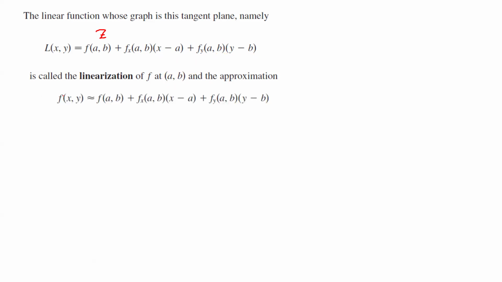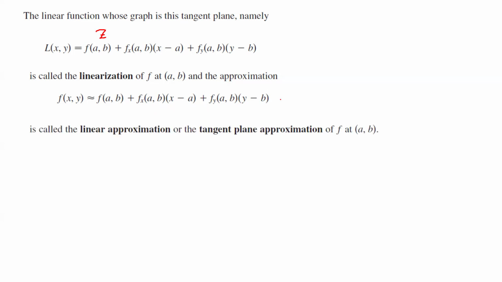So any function locally can be approximated by its linearization, which is your z sub 0 plus the partial derivative of f with respect to x times x minus a plus the partial derivative of f with respect to y times y minus b. This is also called the linear approximation or the tangent plane approximation of function f at the point a and b.